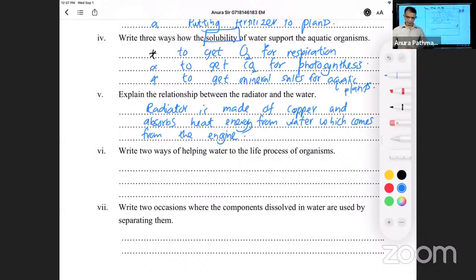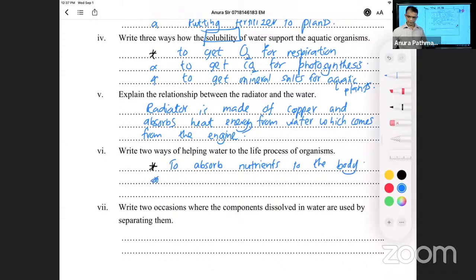Right, two ways of helping water to the life process of organisms. As a medium for living. Water helps us to cool down, to absorb nutrients to the body, to drink.